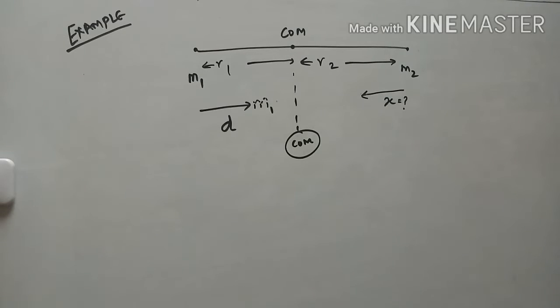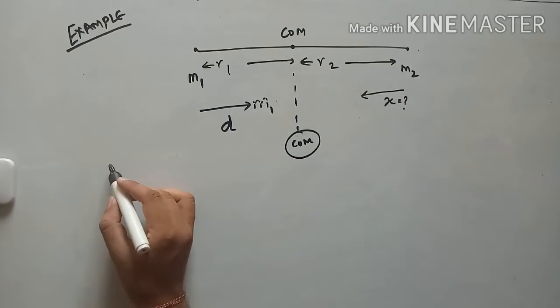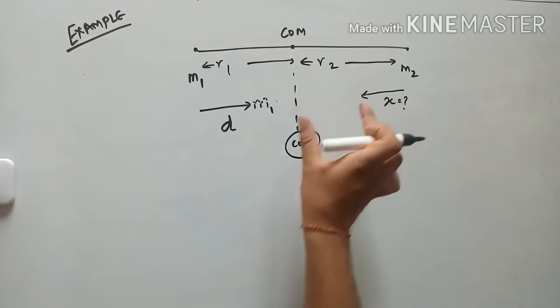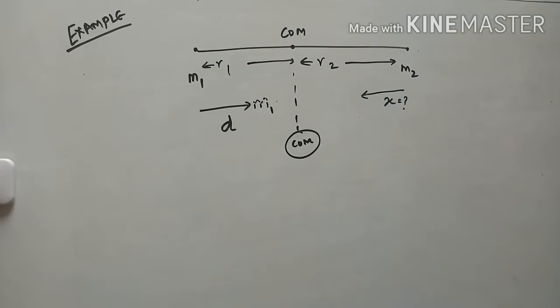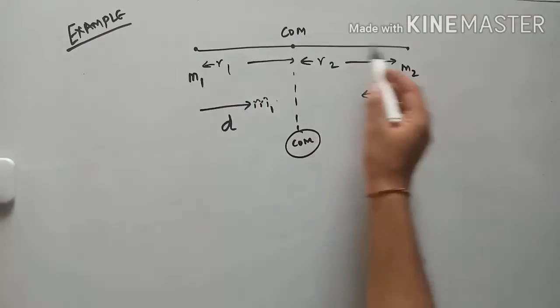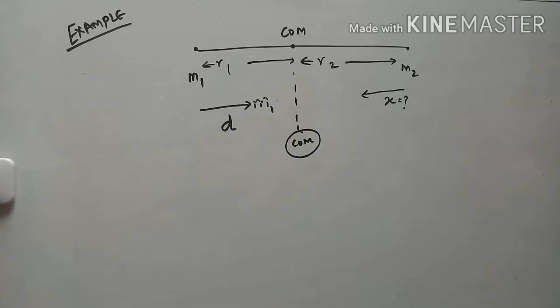So friends, how to do this question? All right, so we can do it in 2-3 different ways. First I'll discuss a very simple method. We know that the center of mass divides the distance between the two masses in the inverse ratio of the masses, right?